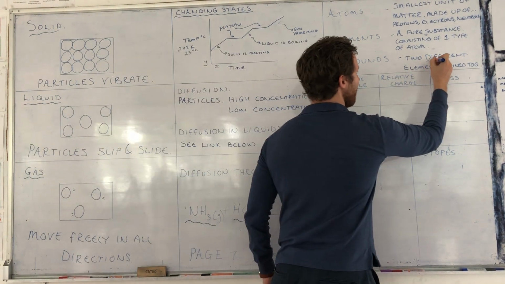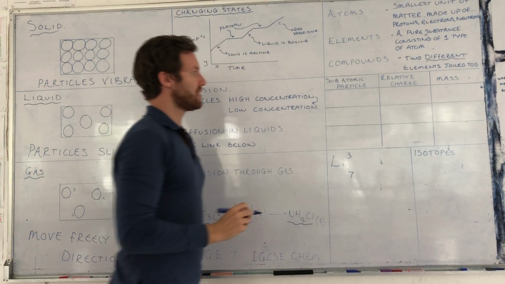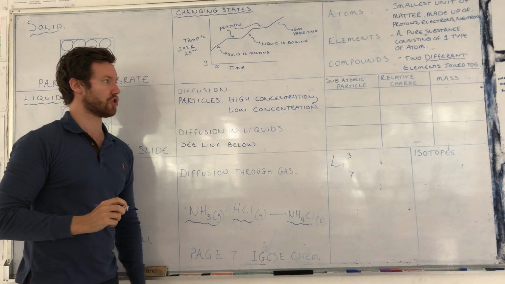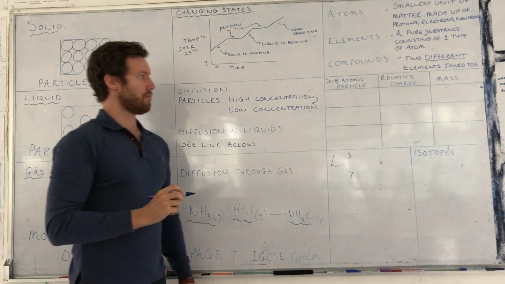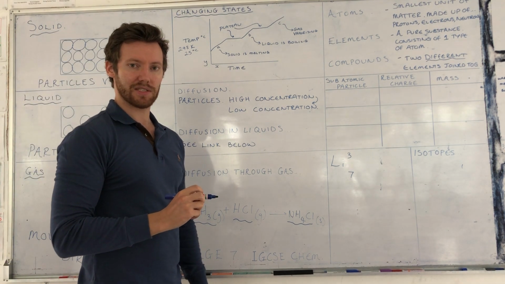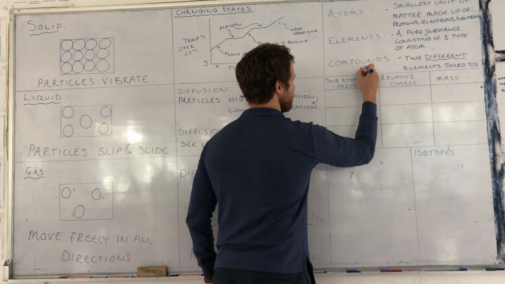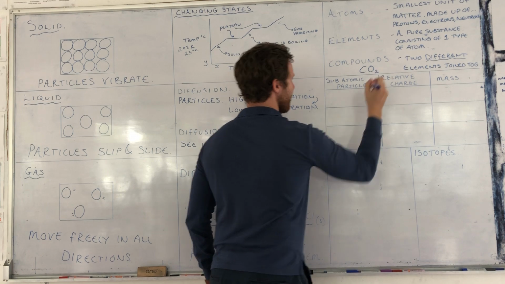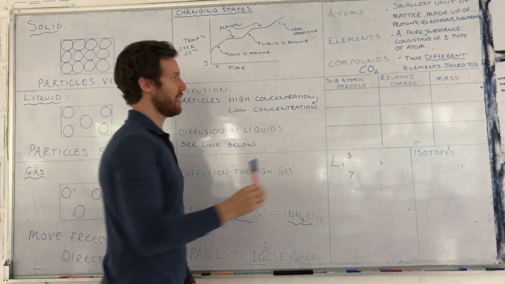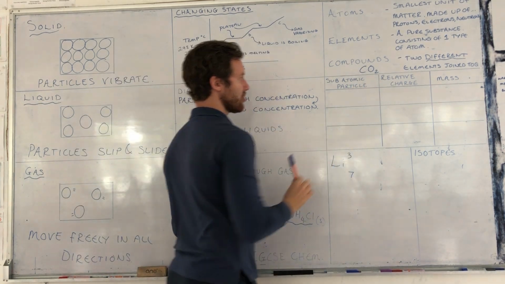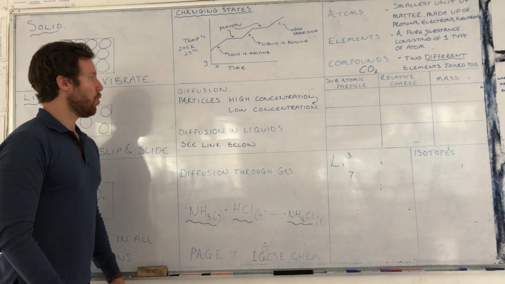Can you think of any example of two different elements chemically joined together? Plants use it in photosynthesis. We breathe it out. Carbon dioxide, two different elements, carbon and two oxygens.